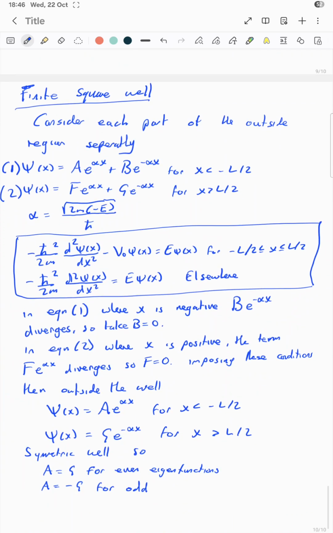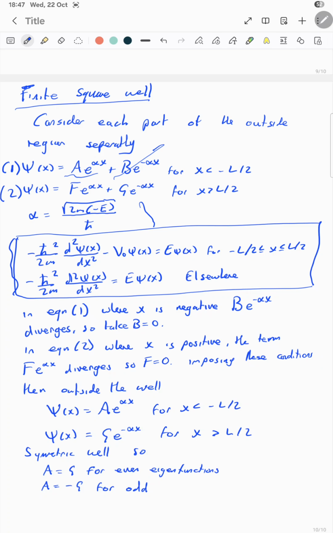Now we'll move on to a finite square well. We'll consider each part of the outside region separately, with equation 1 and equation 2 and alpha here, and these are the parts of the time independent Schrodinger equation. From equation 1, where x is negative, B e to the minus alpha x diverges, so we take B equals 0 and we get rid of that.